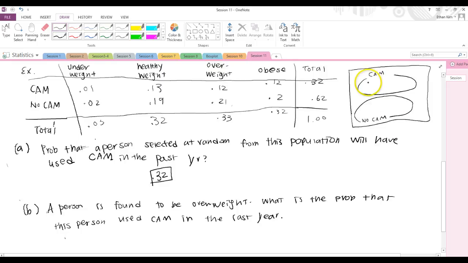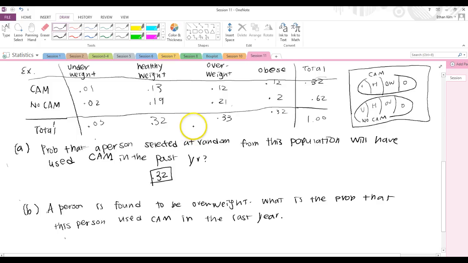Within CAM we have underweight, healthy weight, overweight, and obese. And same for no CAM: underweight, healthy weight, overweight, and obese. So this is how it looks, and we're looking for the population who have used CAM in the past year. So it's going to be just these, and the total says 32 right here, and that's the number we use.